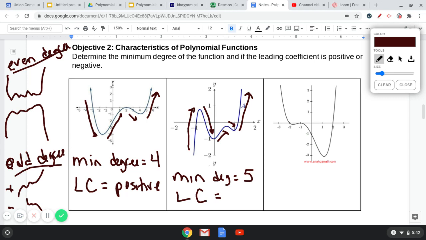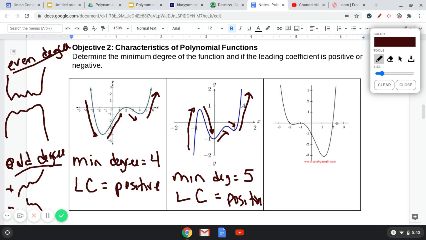So the leading coefficient for ours, since as x approaches negative infinity, y approaches negative infinity, those match up. This leading coefficient is positive as well. Let's see, another way you can think about this is, never mind. Okay, next one.